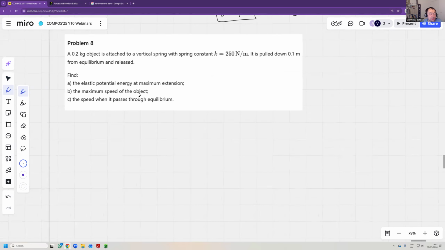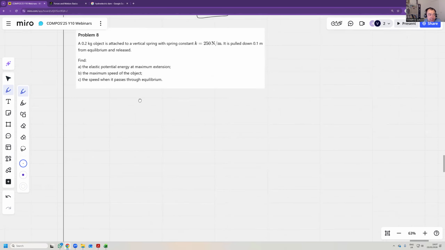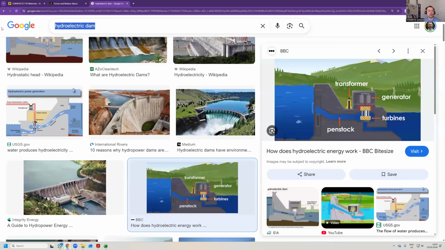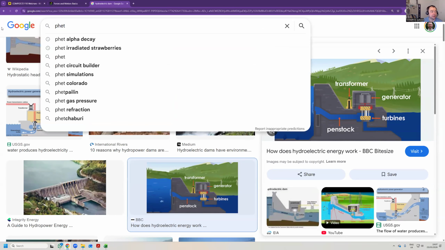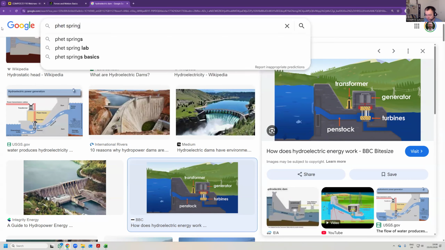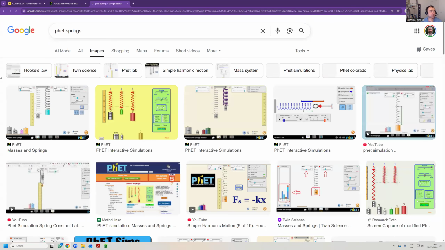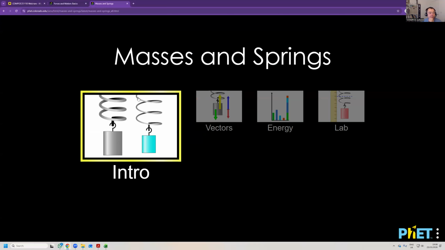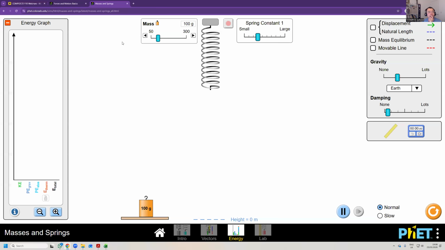problem 8. A 0.2 kilogram object is attached to a vertical spring with spring constant k and is pulled down 0.1 meters. Okay, so let's look at springs.